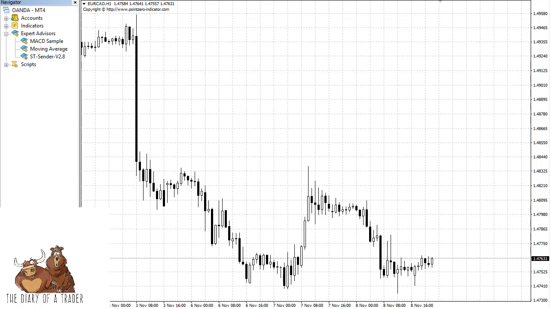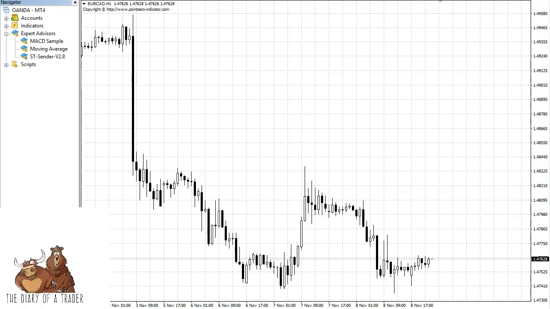And once it gets the signal, it'll place a trade for you. So you don't even have to be sitting there. If you're asleep and we get the signal, then it will buy, in this case, I'm looking at the Euro CAD. There's a signal there. Then you are in the marketplace while not even paying attention to the market.